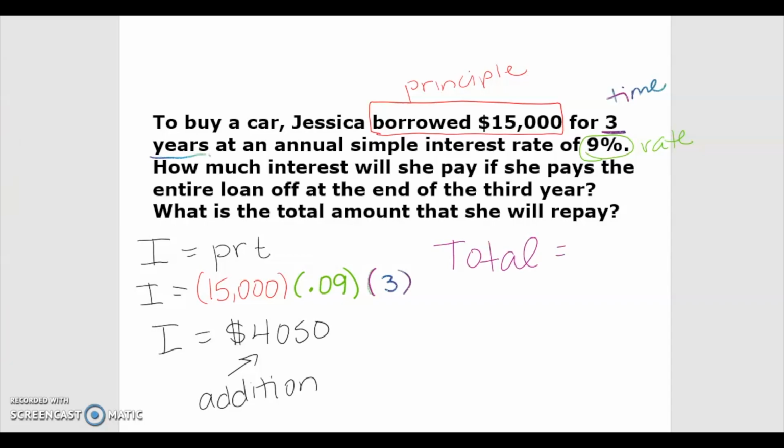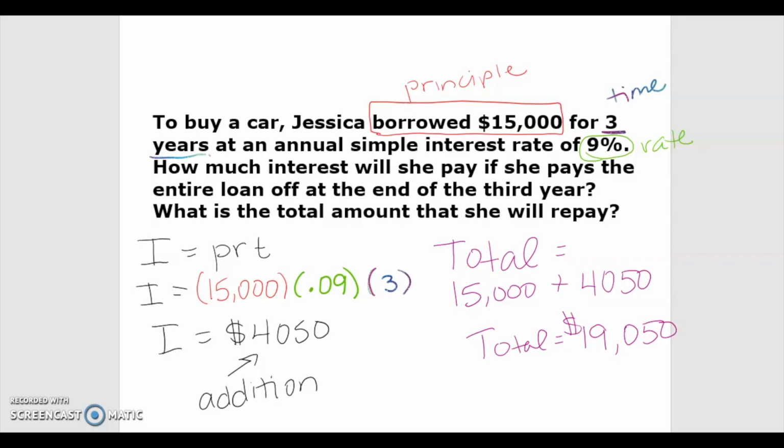She needs to pay back the $15,000 that she borrowed, plus the bank is charging her an additional $4,050. So the total amount that she's paying for this car is $19,050. Now you're paying it back over time, but in the end, that's how much the car will have cost Jessica.